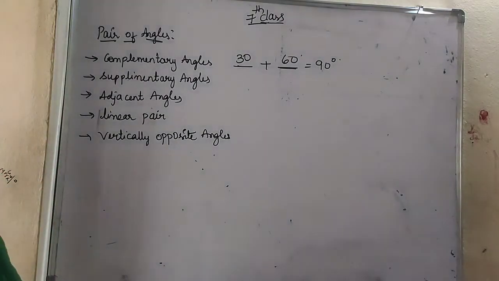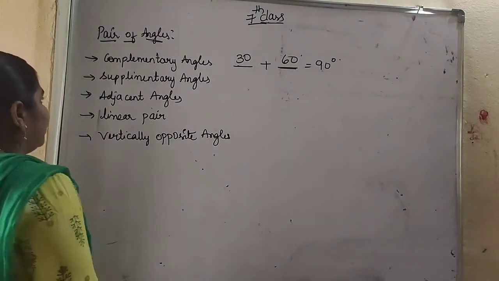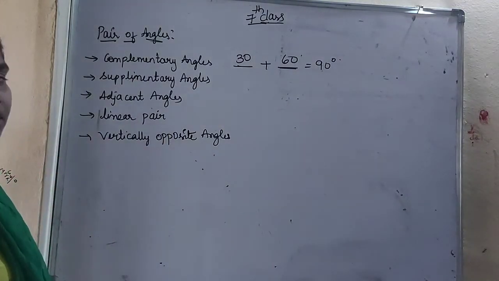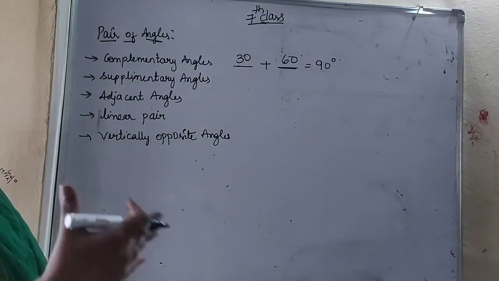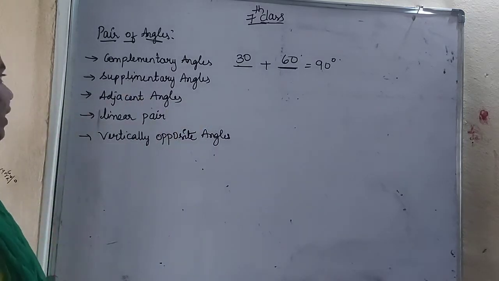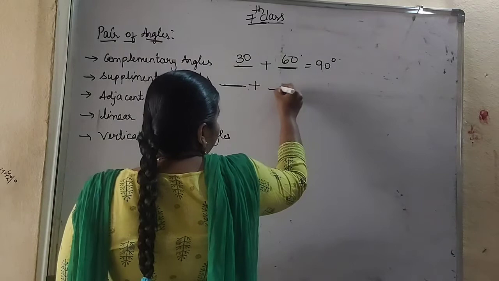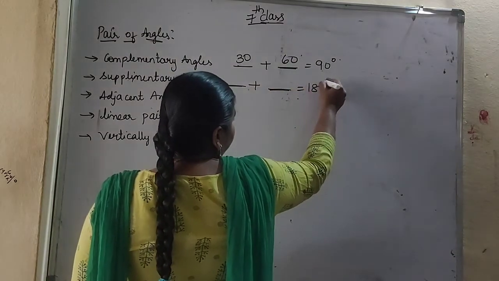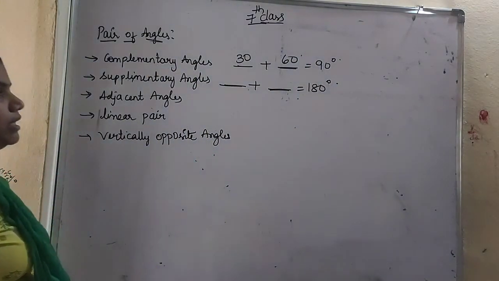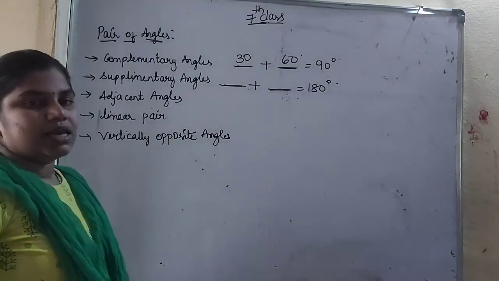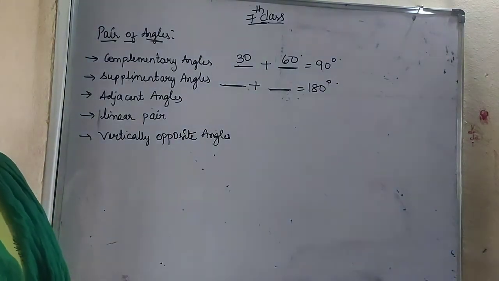Next is supplementary angles. What do you mean by supplementary angles? Now complementary means if you are adding any two angles, that should be equal to 90. Supplementary means if you are adding any two angles, that should be equal to 180 degrees. Then we can say that the two angles are supplementary to each other.